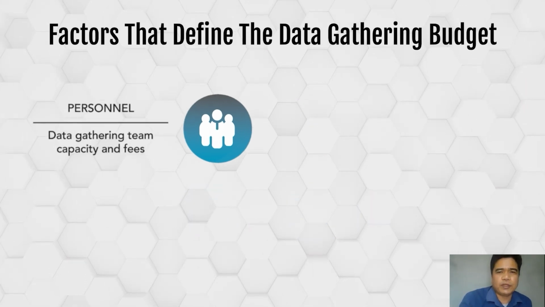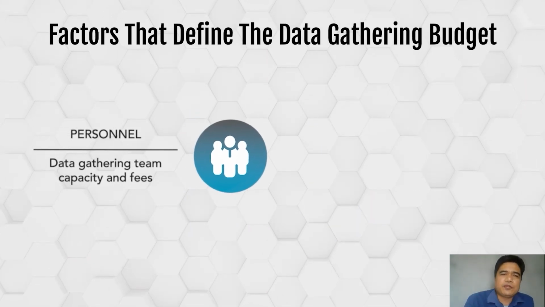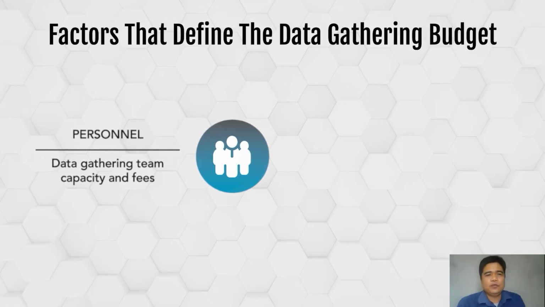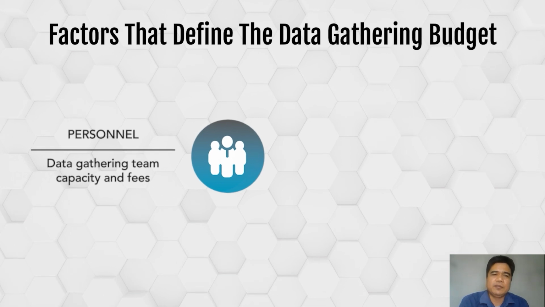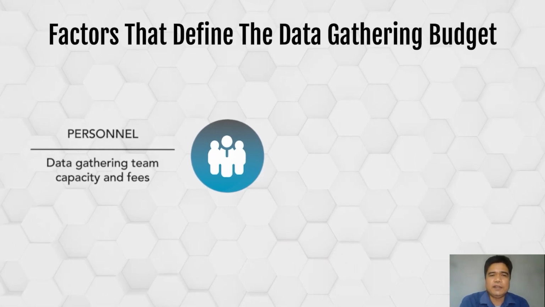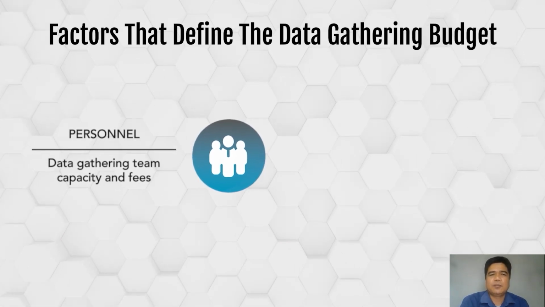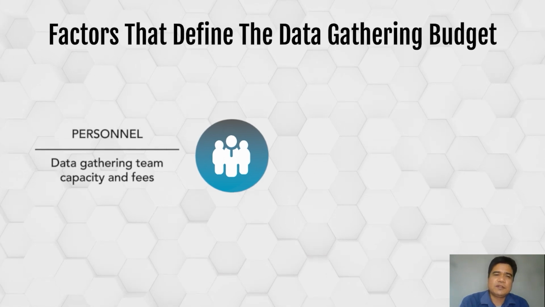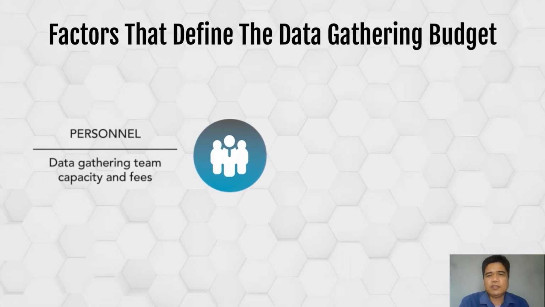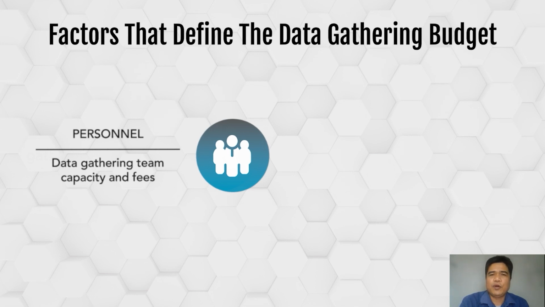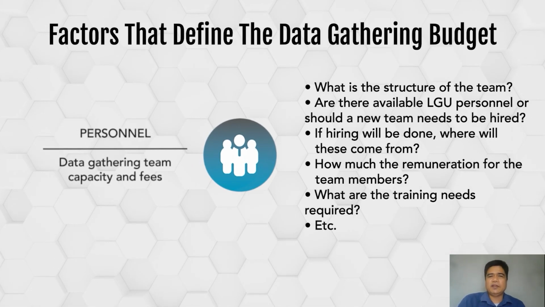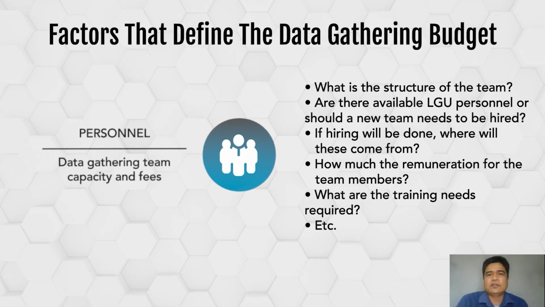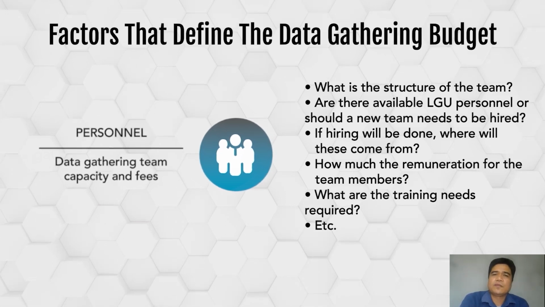Let's start with personnel. Personnel or human resources refer to the data gathering team, the members of the data gathering team, their capacity, and of course, professional fees. Personnel costs account for 40 to 60% of the data gathering budget or costs.